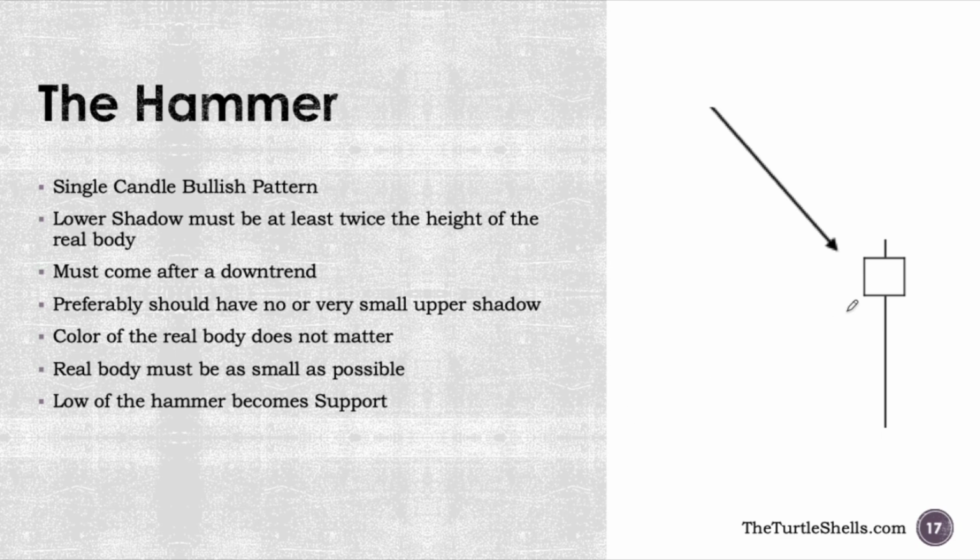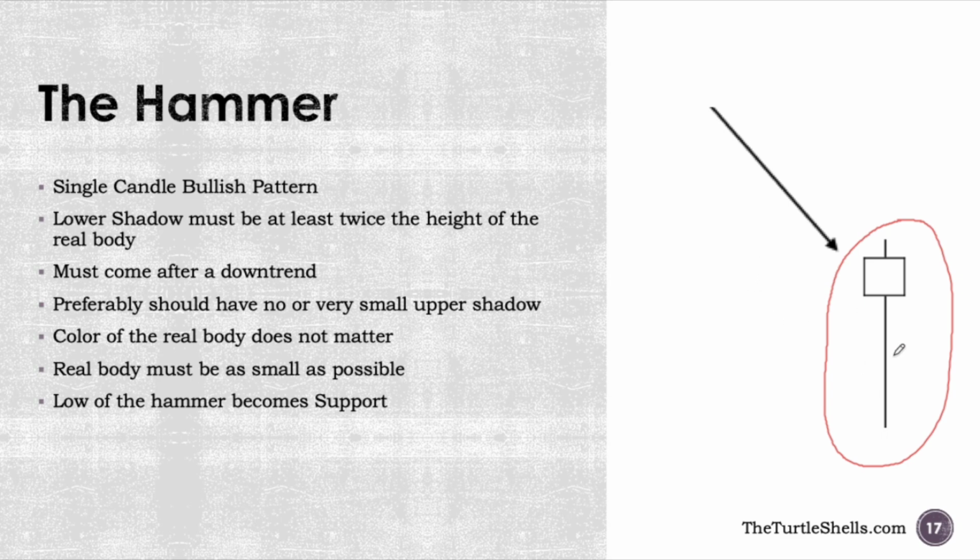Okay, so have a look at this pattern. This is a bull candle. Now the distance between the high and the low is called the trading range. Any candle you take, whether it is a doji candle or a bull candle or a bear candle, the distance between the high and the low is called the trading range.